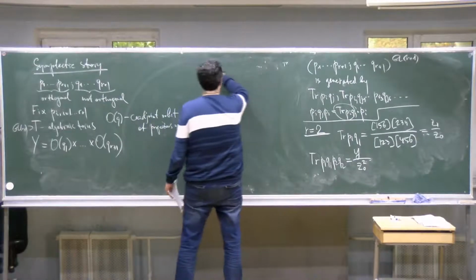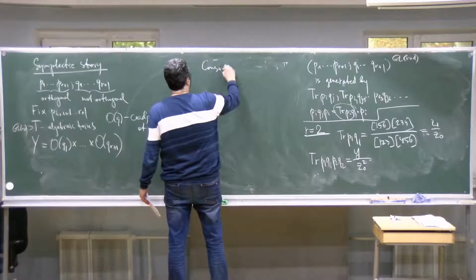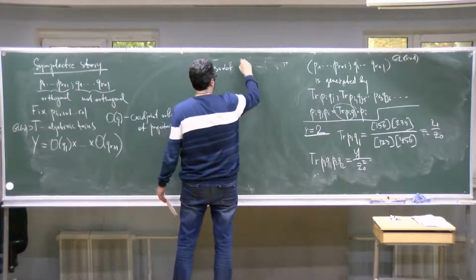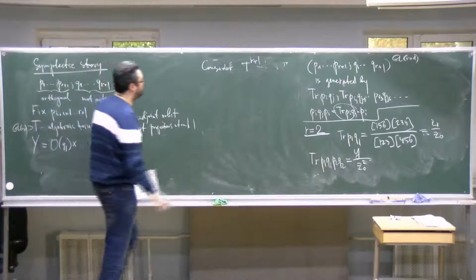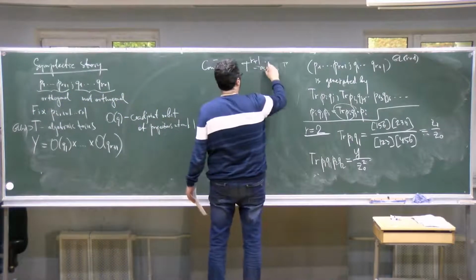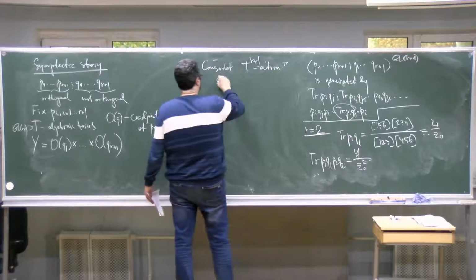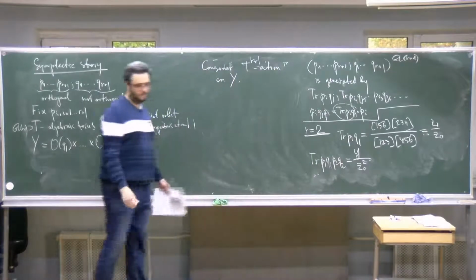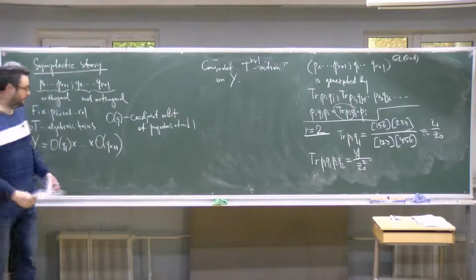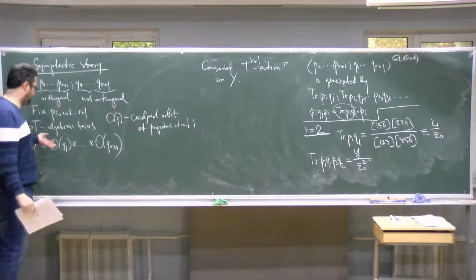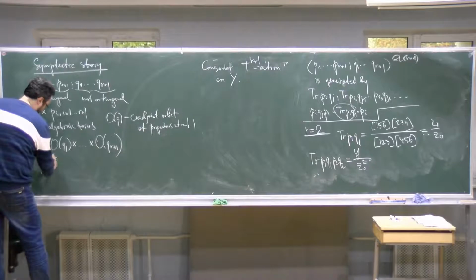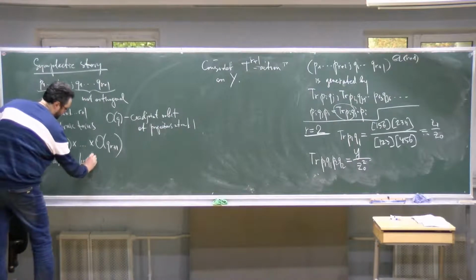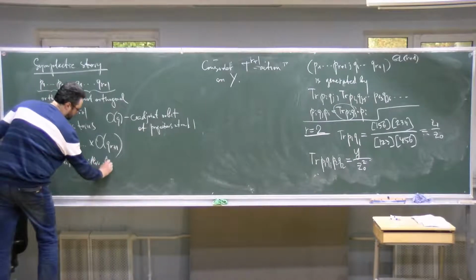Consider the action of T^{r+1} on Y. We have the standard symplectic form on this variety, the constant Kirillov form.